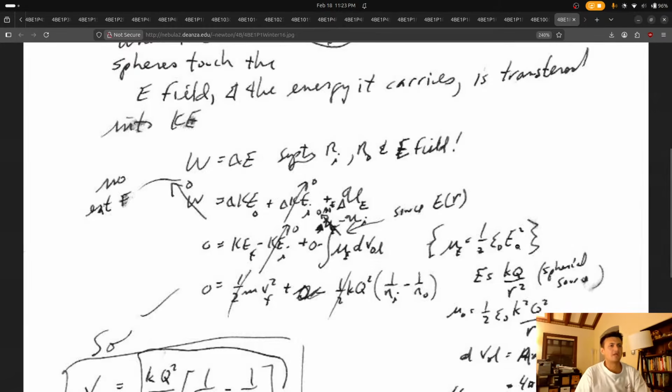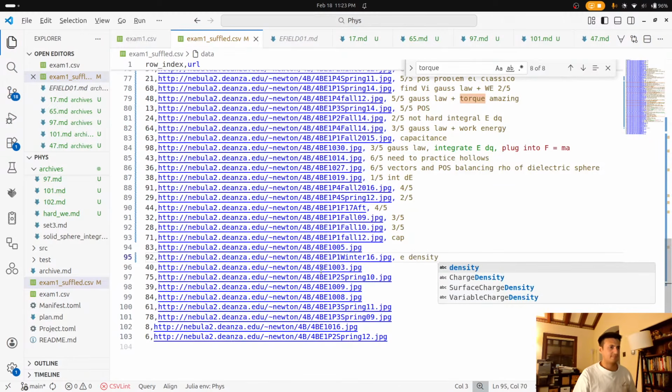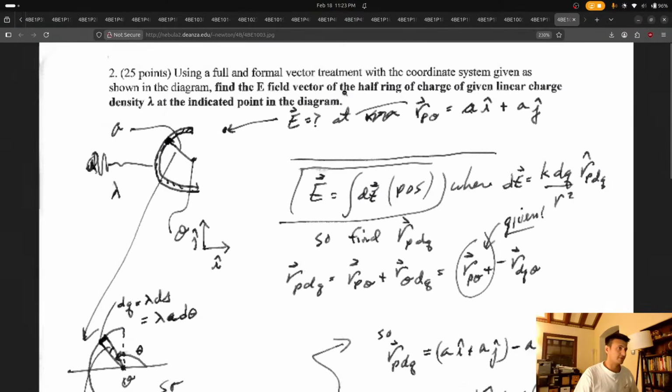Mu E. Okay, energy density. No way. Whoa. What are we looking at here?